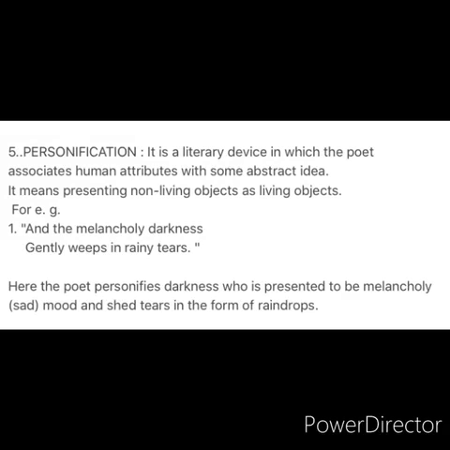Darkness has been personified, behaving like a human being, showing the sad mood and shedding tears in the form of raindrops. My second example is my alarm clock yells at me to get out of bed every morning. Here yells means shout. In these lines, alarm clock has been personified and is behaving like a human being.